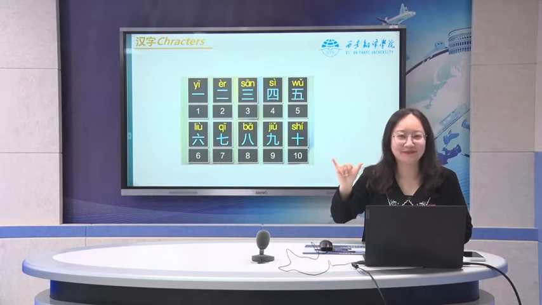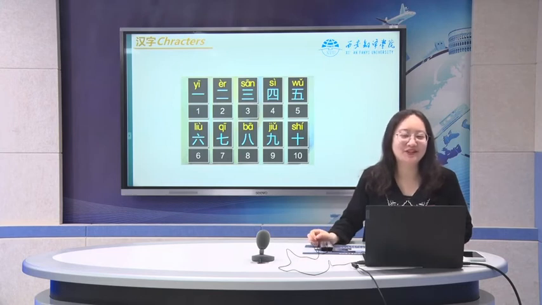This one is 6, this one is 7, this one is 8, this one is 9, and 10. Please memorize. It's interesting, right? We just use one hand to show the 10 numbers.